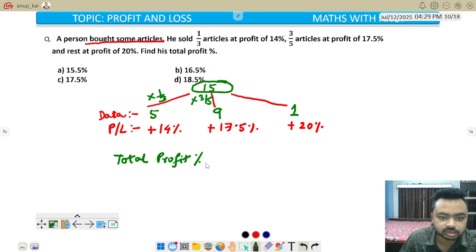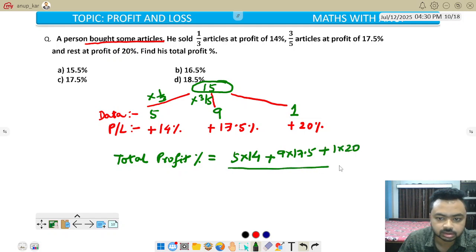Profit percentage is equal to 5 into 14 plus 9 into 17.5 plus 1 into 20, divided by 15. Why 15? Because 5 plus 9 plus 1 is 15 only.